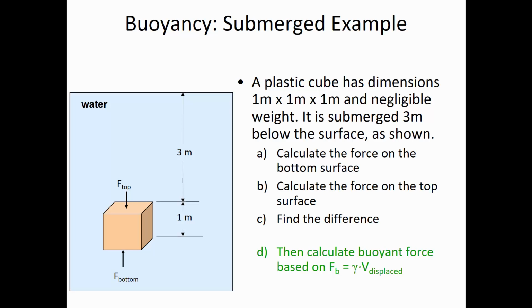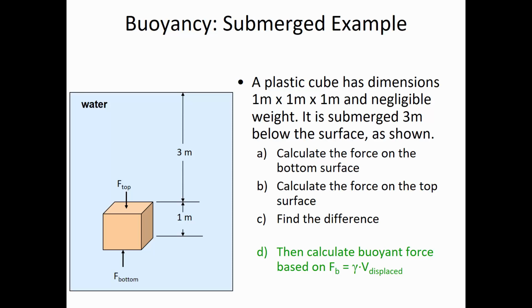When I say volume displaced, what that means is if, in this case, we've got a box, a 1 by 1 by 1 box. It's a cube, a plastic cube, and it's 1 cubic meter. If that plastic cube wasn't there, then the water would be there. You know, the water would fill in and occupy that space that the cube is right now occupying. And so the cube has pushed the water out of the way and has displaced it.